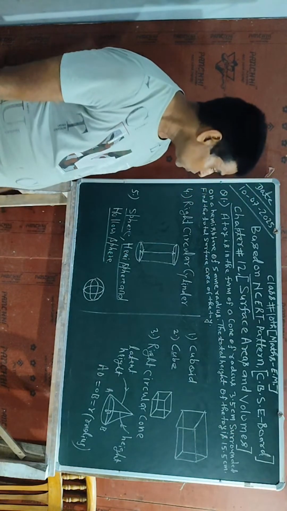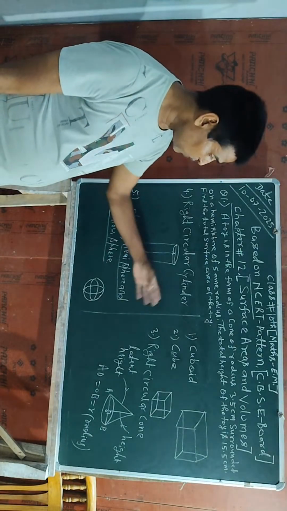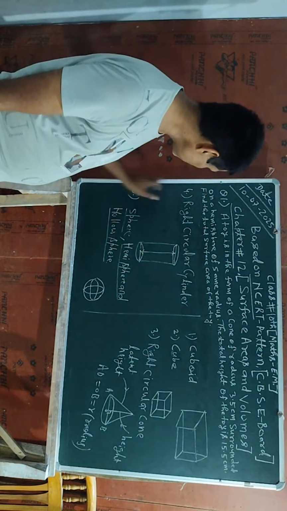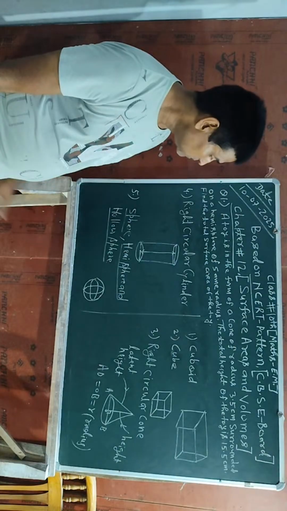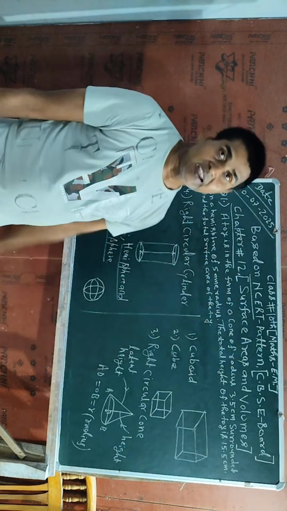Okay student, so first of all I am going to erase this concept. I have 5 terms, 1, 2, 3, 4 and 5, and all these 5 terms are about the surface area and its volume.